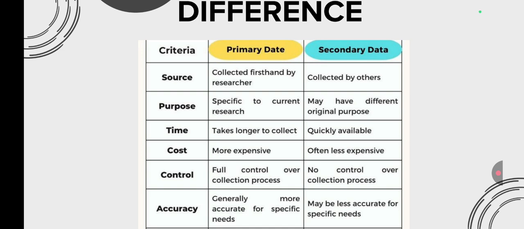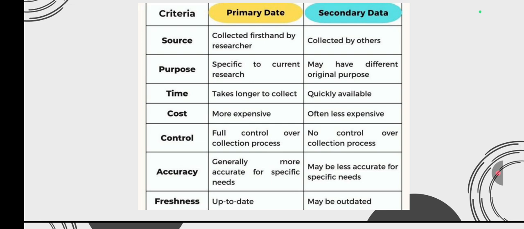About the cost, the primary data is more expensive because they are doing that experiment or collecting that data for the first time, so it needs more resources, and the secondary source is less expensive. About the control, the researcher has full control over the collection process, and the person referring to secondary data has no control over the collection process.